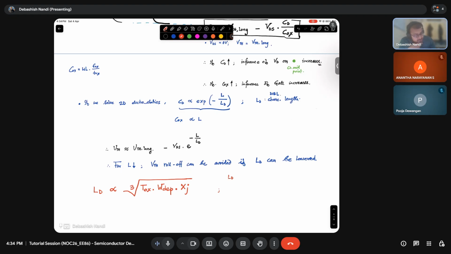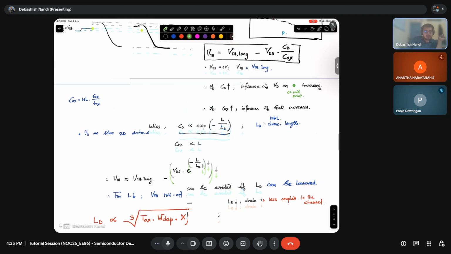If LD lowers, the drain is less coupled to the channel, right? So what is happening? If LD is lowered, this entire quantity is lowered. That means my VTH will be very close to VT long.